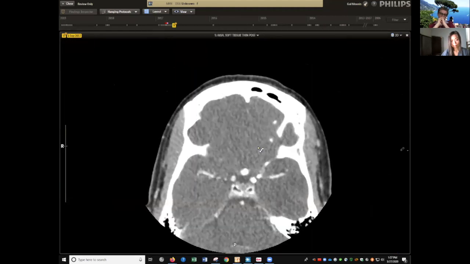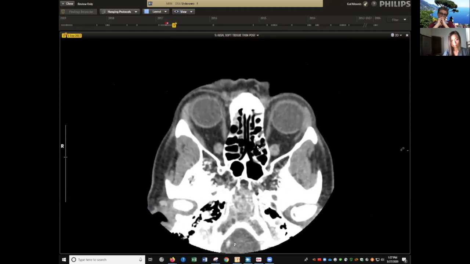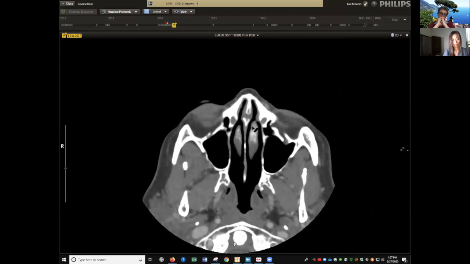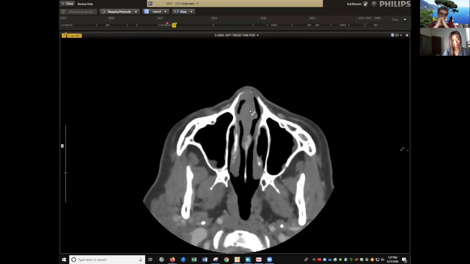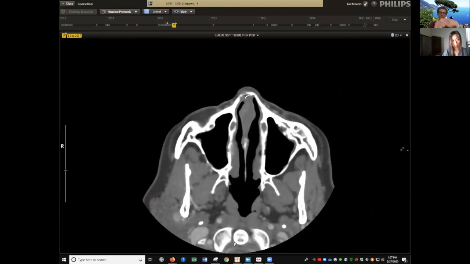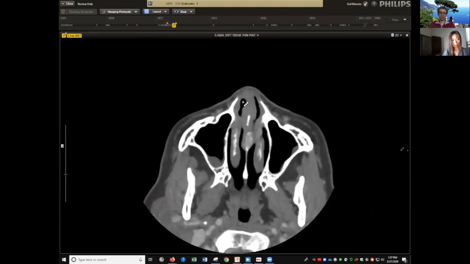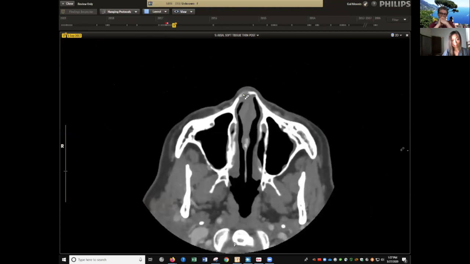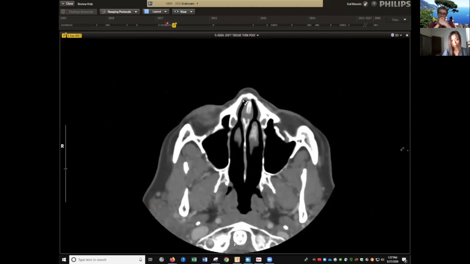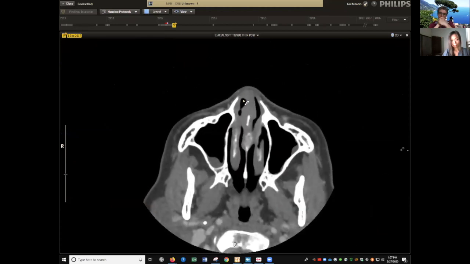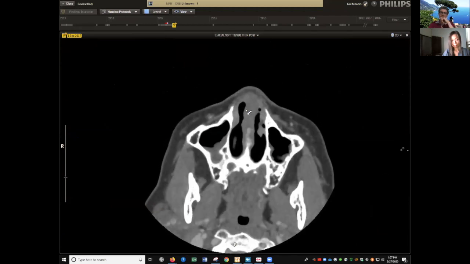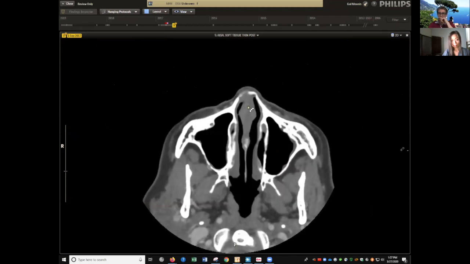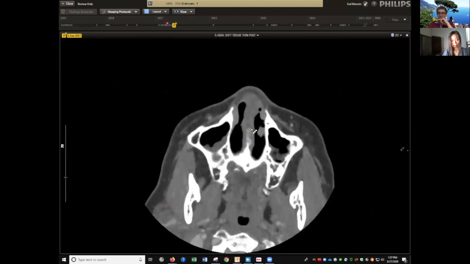All right, so this patient had a known diagnosis of sarcoid of the nose. You can see there is a small soft tissue mass here in the right nasal cavity with bony destruction, and some thickening of the mucosa. And this was all well known to the clinical team.